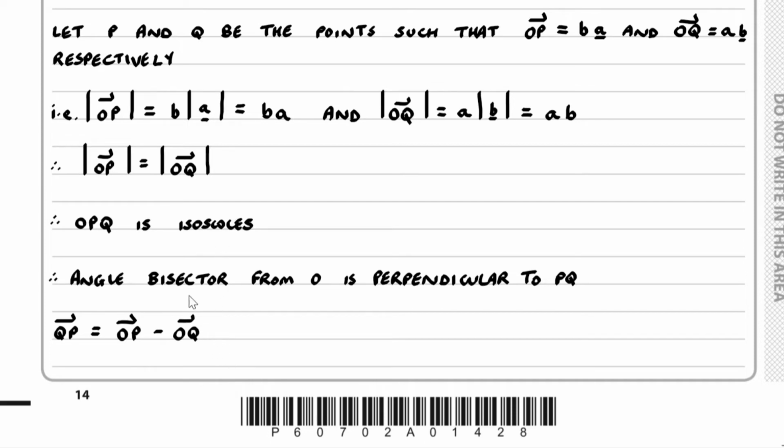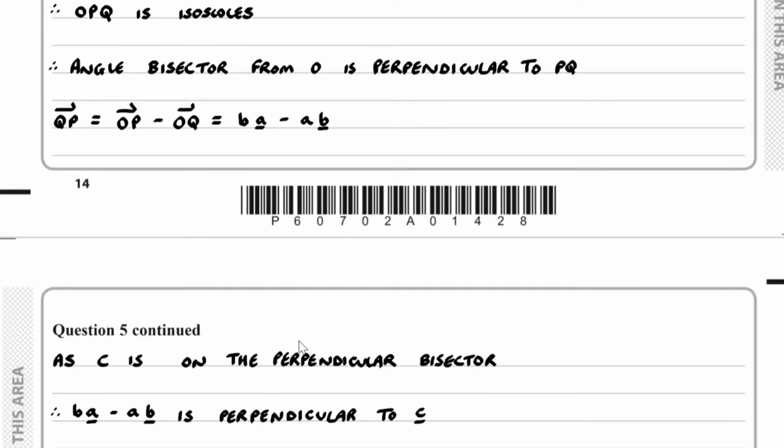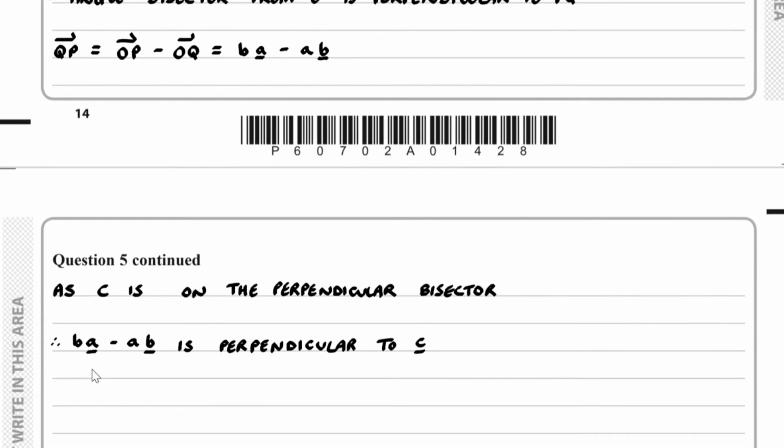So we have b a subtract a b. So as c is on the angle bisector, we can therefore conclude b a subtract a b, which is the same as QP, is perpendicular to c.